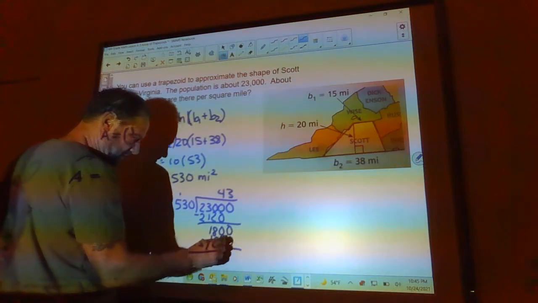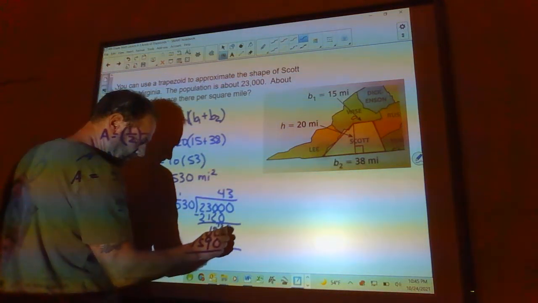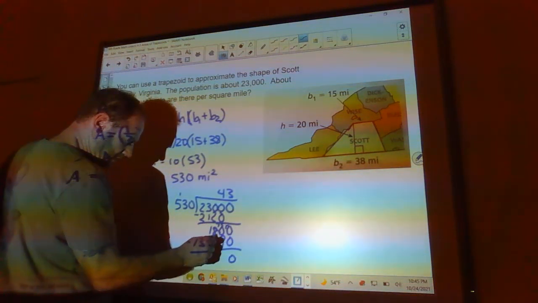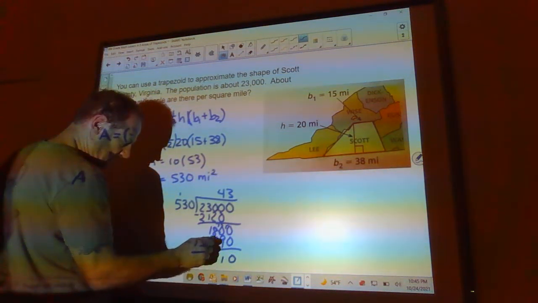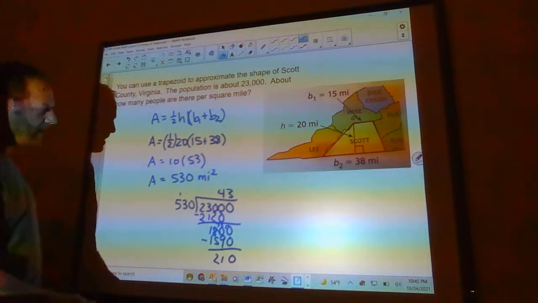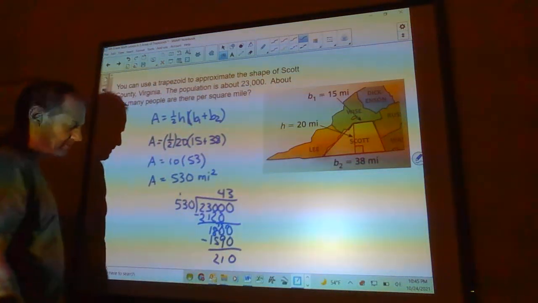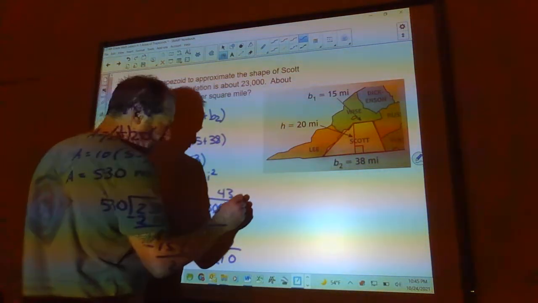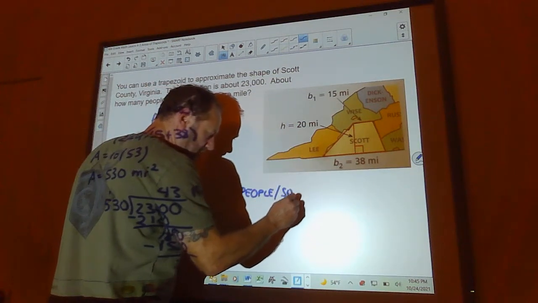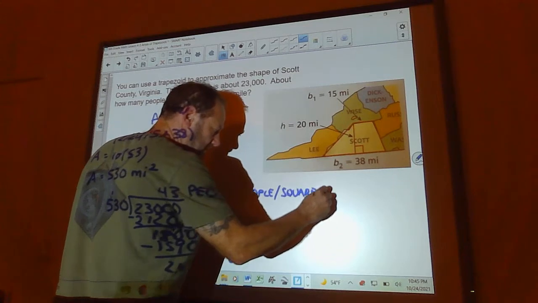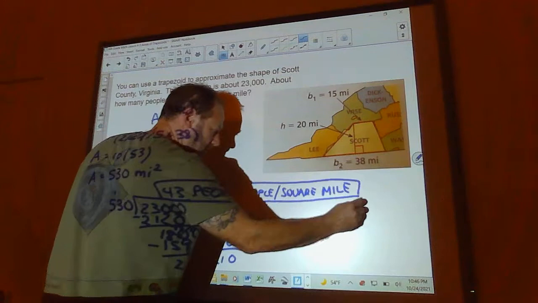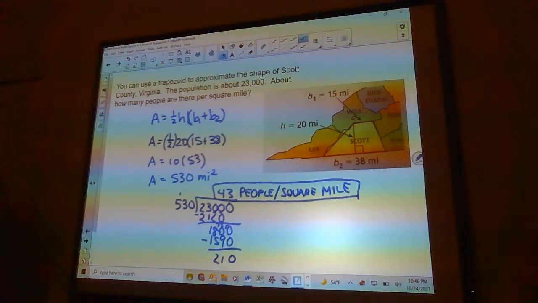And I subtract, and I'm going to get 0, and I'm going to get 10 minus 9 is 1, and 7, that's going to be 210. Okay, and I don't need parts of people. So it's going to be about 43 people per square mile. Not very many.